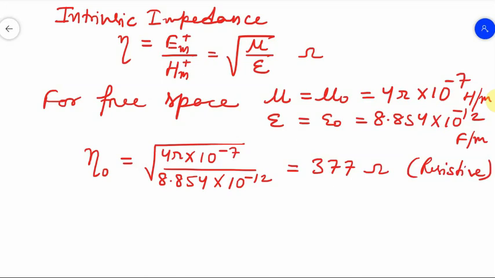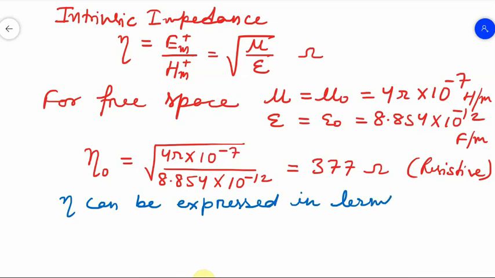Now eta can also be represented in terms of eta naught. In general, eta is root over mu upon epsilon.